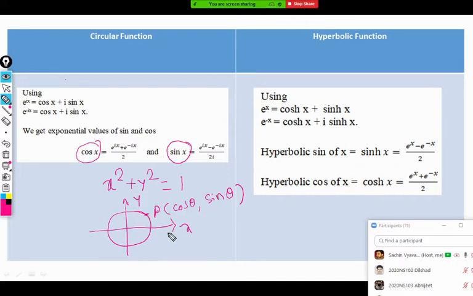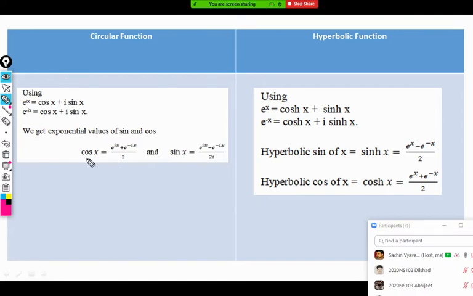Now where you should focus on these formulas. First of all, the formula for sin x, this is the first important formula for you, and the second formula for cosine x. These two formulas are derived from Euler's formulae. So e raised to ix is cos x plus i sin x, and e raised to minus ix is cos x minus i sin x.